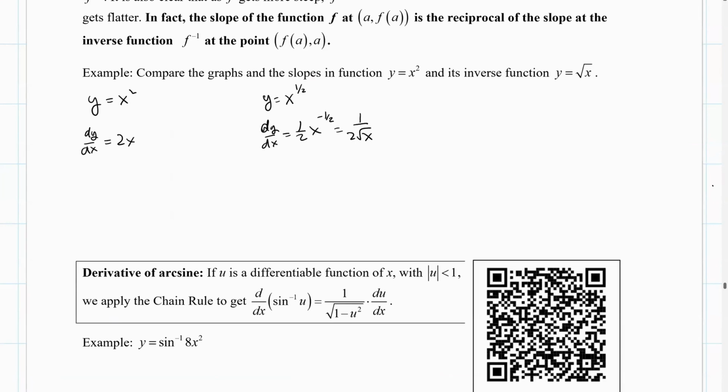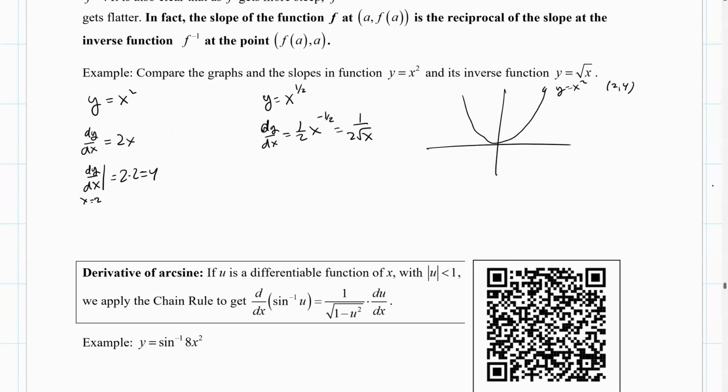Now, at first blush, these don't look like reciprocals of each other, but let's try this out. I'm going to choose a point on the curve y equals x squared. How about (2, 4)? So the derivative at x equals 2 is 2 times 2, which is 4.